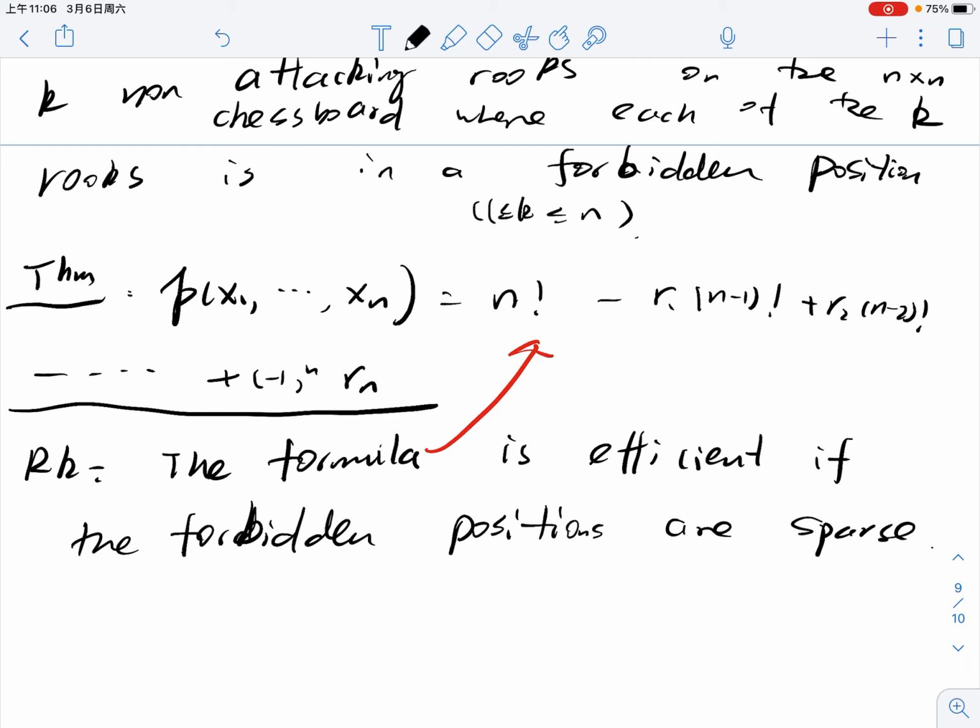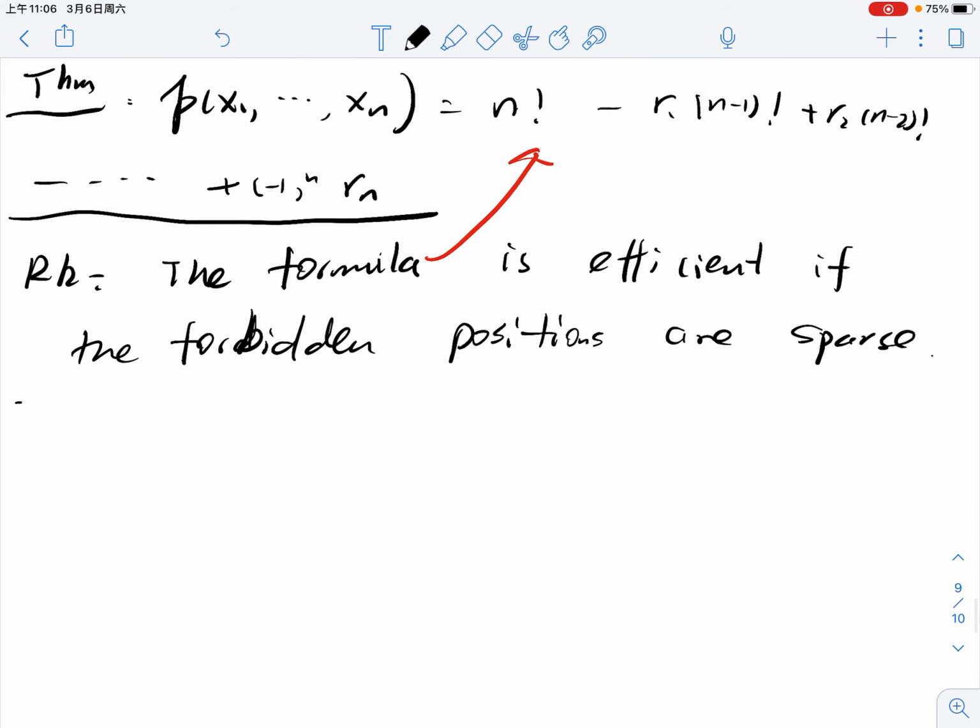If the forbidden positions are few, then it's quite easy to check the numbers. For example, remark 2.